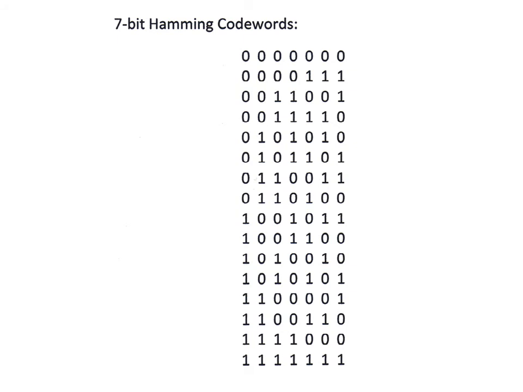I came up with this list by writing a small computer program where I generated all possible permutations of 7 bits. So originally there were 128 rows in this matrix. Then I started at the top row, compared it to all the other rows, and eliminated the rows below it that were at distance less than 3.